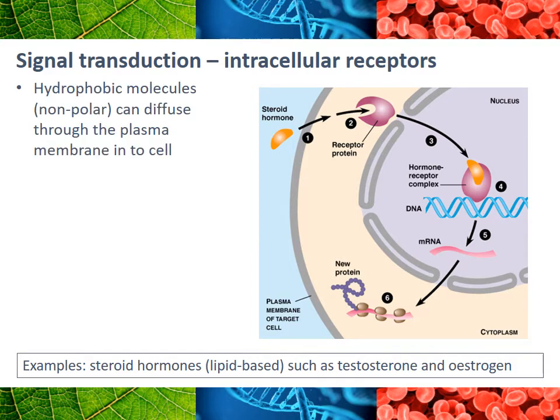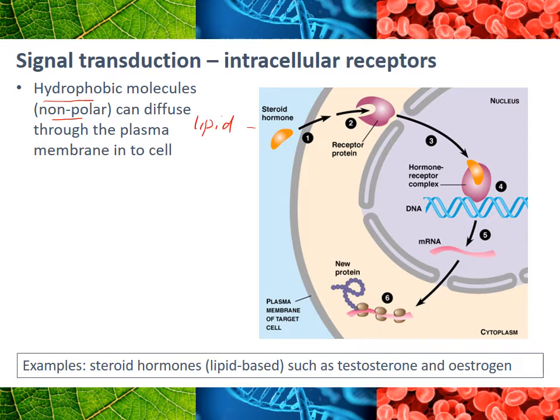This all comes down to whether or not the signal is hydrophobic or hydrophilic. So it's really important that you take these notes down. So hydrophobic molecules, which remember are non-polar molecules, can diffuse across the plasma membrane. Remember, they are lipid soluble.